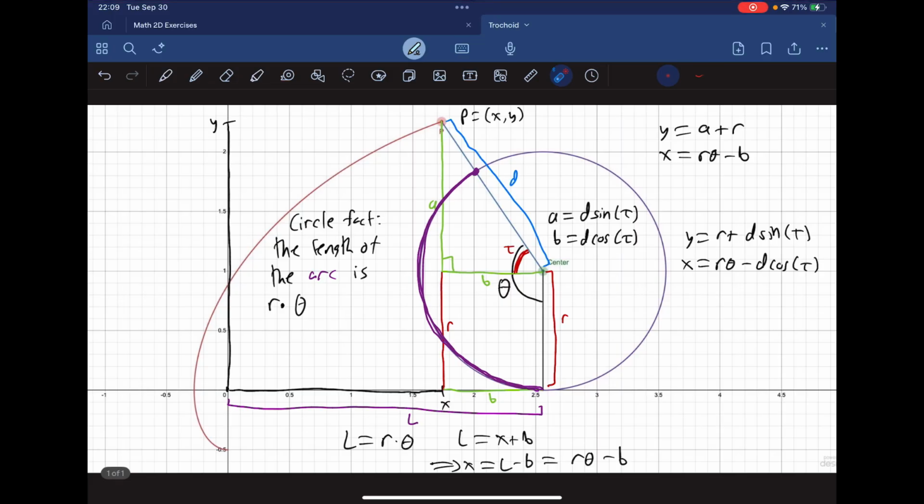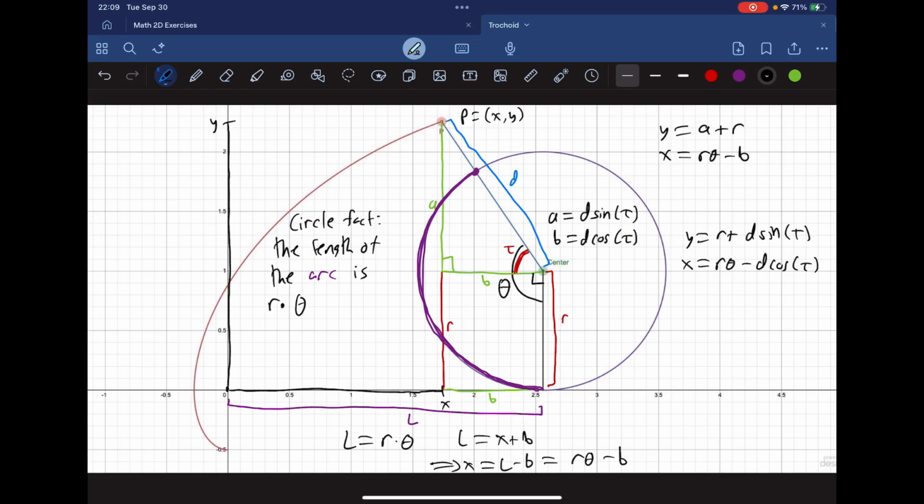But how do we do this? Well, this is where the next bit of insight comes in. If we remember, we said that theta was this whole angle right here, and tau was the small angle. But you might notice that we have a right angle right here. And right angles in radians have a measure of pi/2 radians.